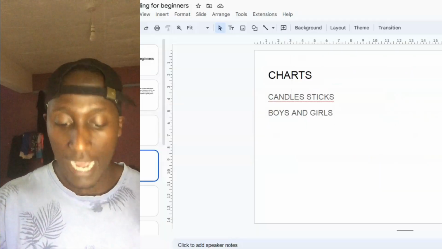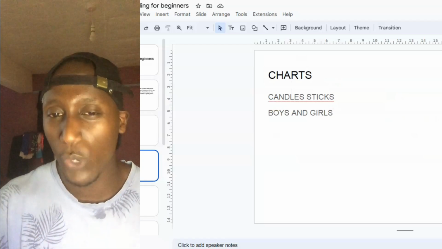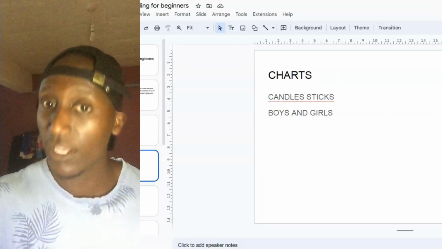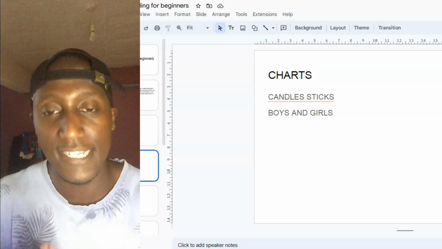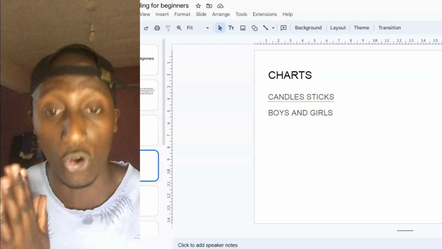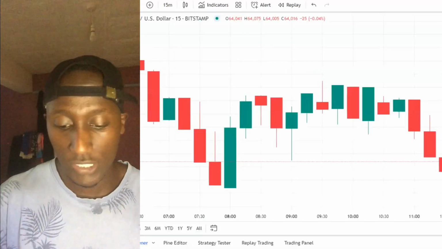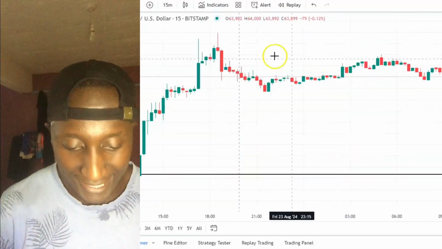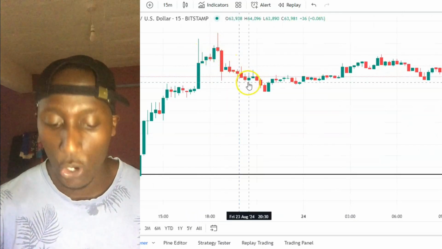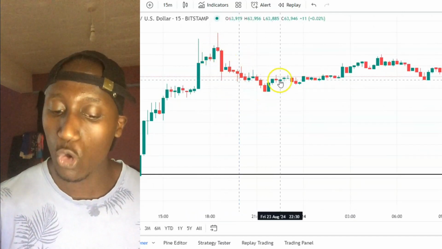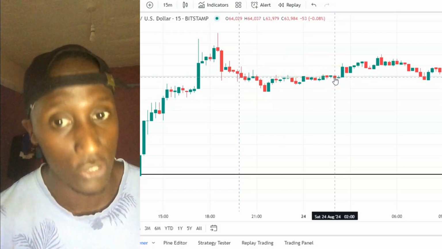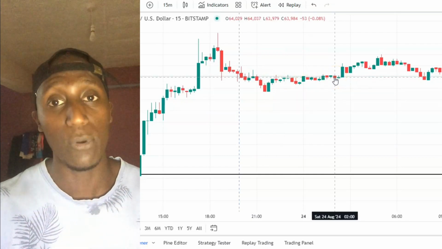So the candlesticks are just a way of representing price and time and showing you whether price was going up or down. Simple. We don't have to complicate things. So you can see that when it's red, we are going down. When it's blue, we are going up. Nothing else. That is the purpose of candlesticks, to know where price is headed, up or down.